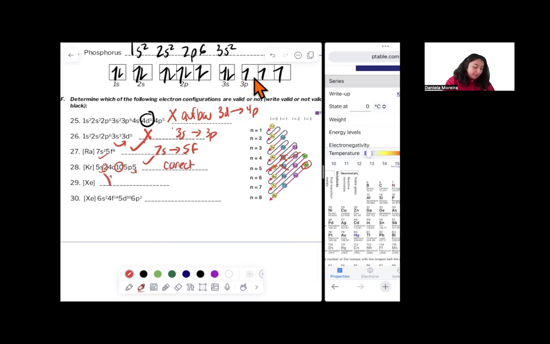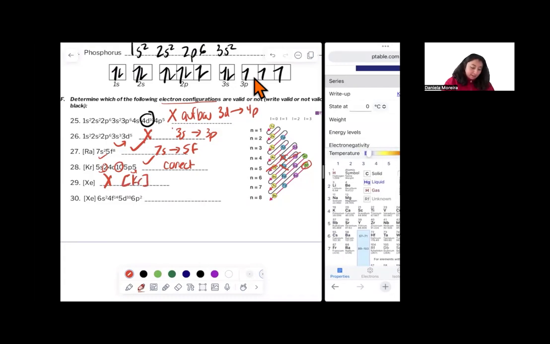Xenon is incorrect because this is not an electron configuration. If you wanted to do it for xenon, you'd have to start off with krypton, and then 6s2, 5d10, 6p6.